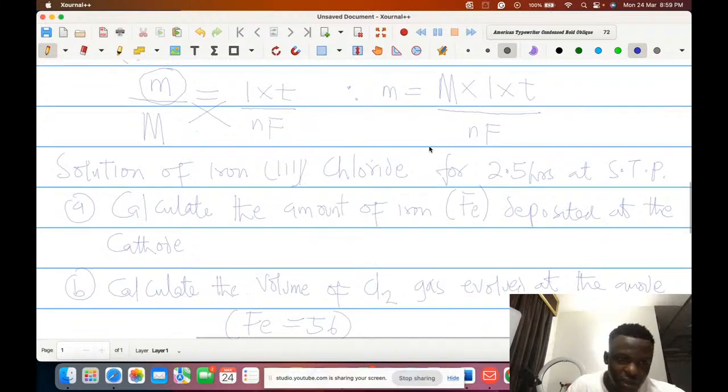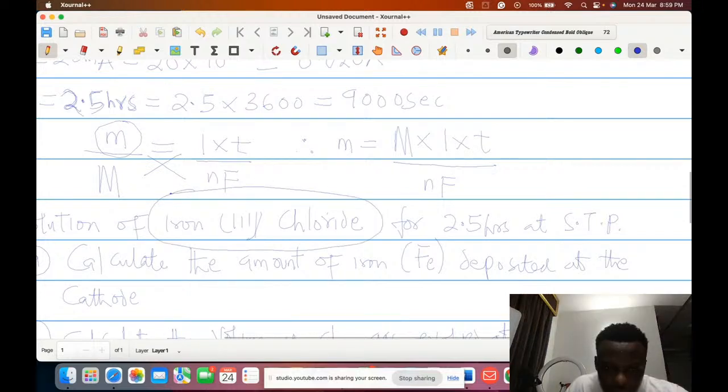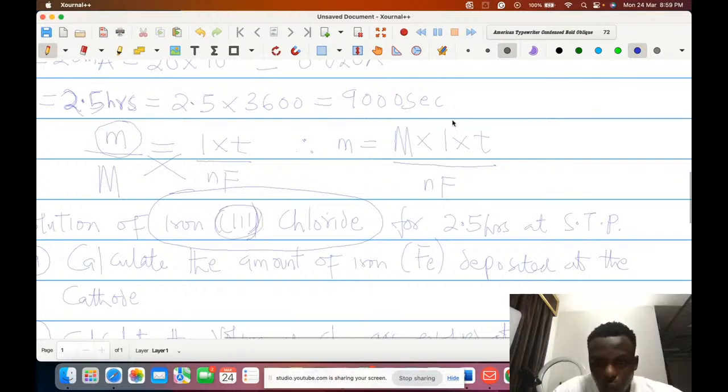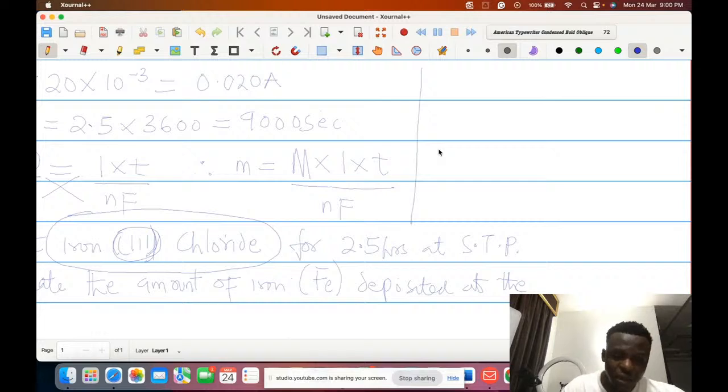All right, so let me clear this part again. Class, this iron 3 chloride, this 3 inside the bracket means that the oxidation state of the ion is 3. So our small letter N. Please, just in case you're not really seeing the board very well, in those videos I dropped on the group chat, I actually treated electrolysis, so you can check it out.